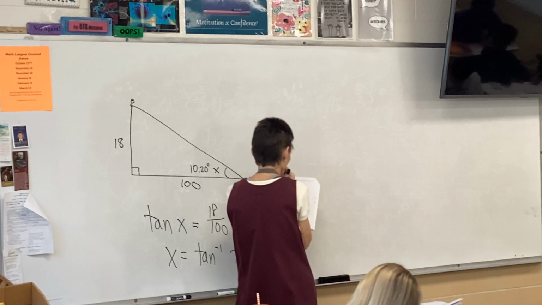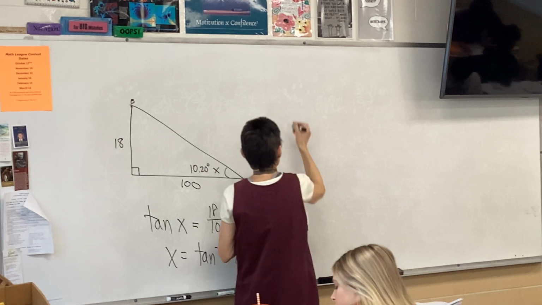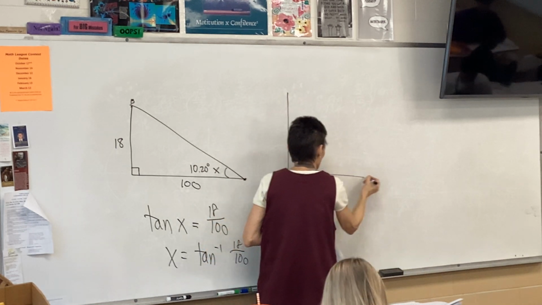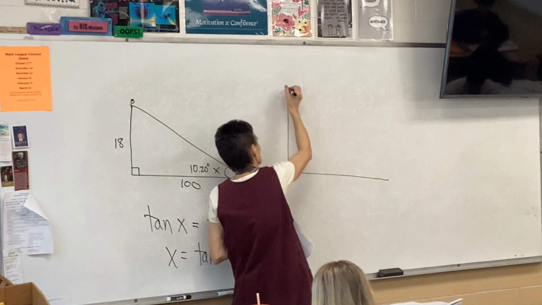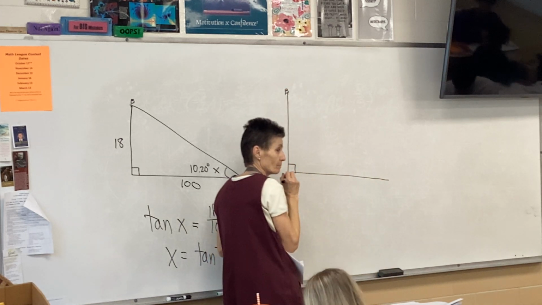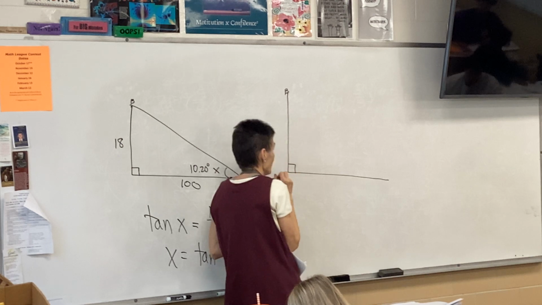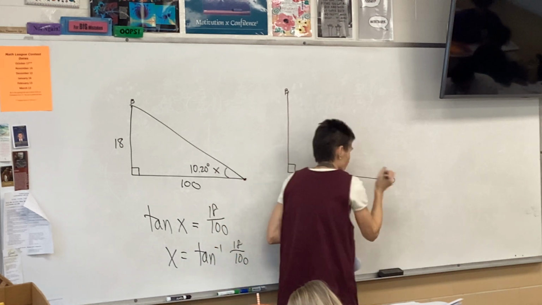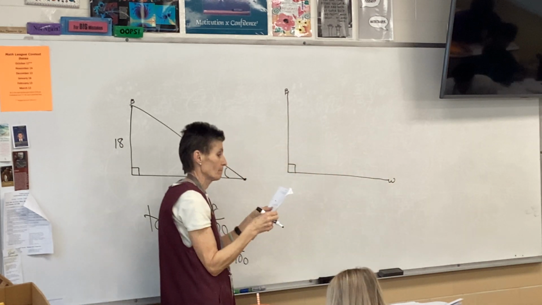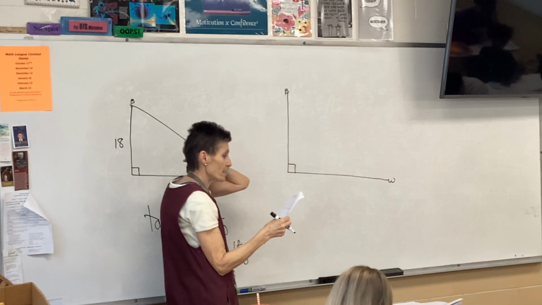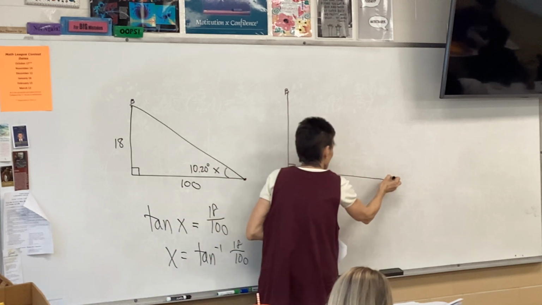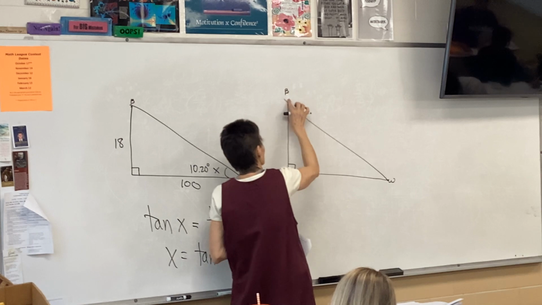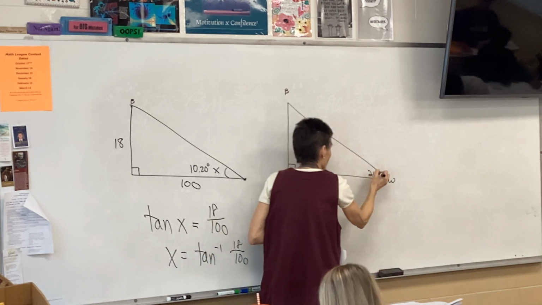Find the distance from a worm on the ground to a bird in the top of the tree. Okay, so we have another bird in the top of the tree. And then we have a worm out here on the ground somewhere. The angle of depression is 24.